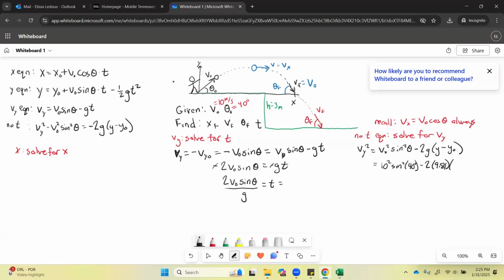In this case, we have a choice of where do we want to put this coordinate frame. Do we want to put this coordinate frame at the beginning where he kicked it? Or do we want to put this coordinate frame on the ground? Now, since we already drew the coordinate frame and it's going to be hard to erase, I'm going to say we'll just leave it where he kicked it. And we'll say that initial y is 0 and final y is -3 because it went 3 down. So we'll just say -3 here.